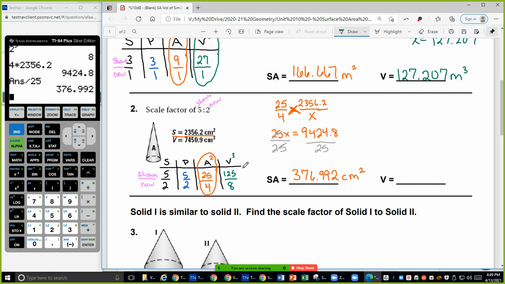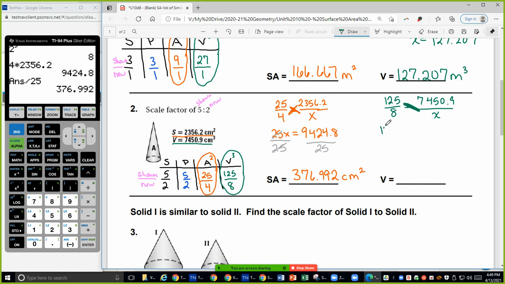All right, so when I look at volume, I'm going to do the same thing. I'm going to look at these two together. 125 over 8 equals, remember it's shown to new. My shown volume is 7,450.9 to the new volume that I'm trying to find. I'm going to cross multiply.